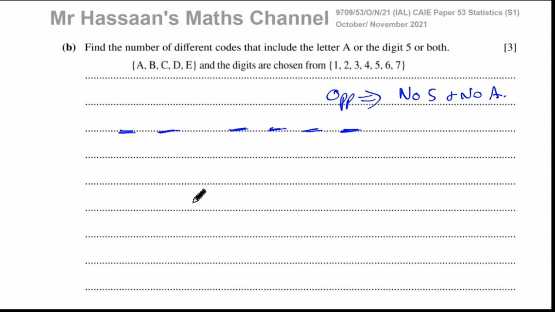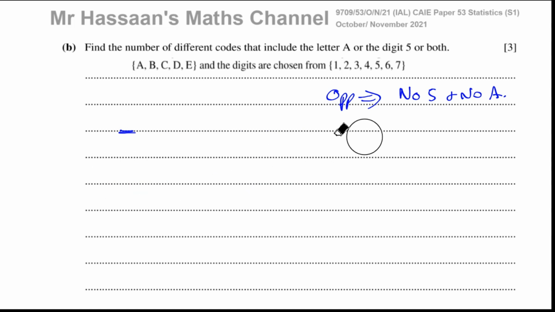If you have no 5 and no A, that's the only thing that doesn't fit our description, which is either a 5 or an A or both. So if we do the total minus the opposite of our description, we're going to get our description. The total minus the opposite is what we're looking for here.